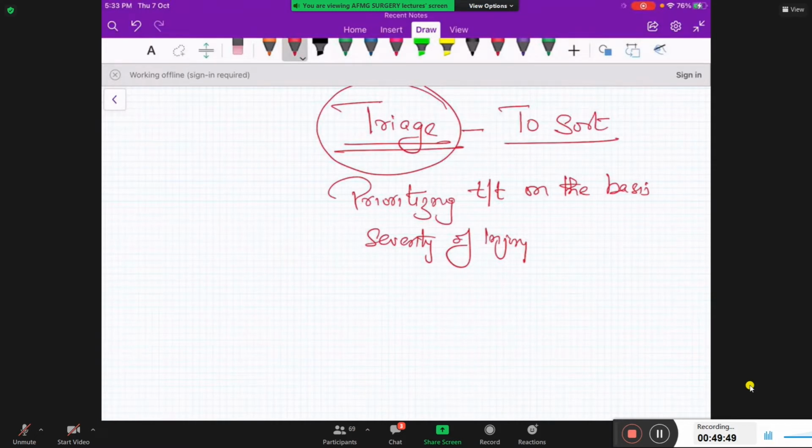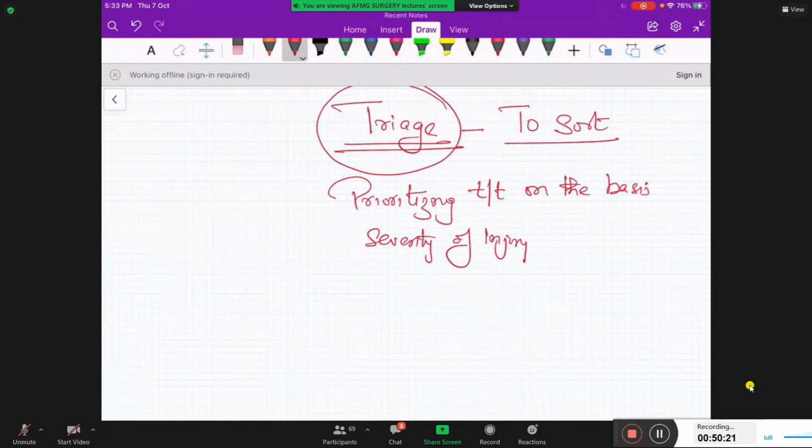When you finish your MBBS, we are supposed to take an oath, the Hippocratic oath, and in that oath it is specifically said that we should never prioritize. Every patient should get equal importance. But here in triage, we are saying prioritizing the treatment. So why are we prioritizing if we are told not to prioritize?